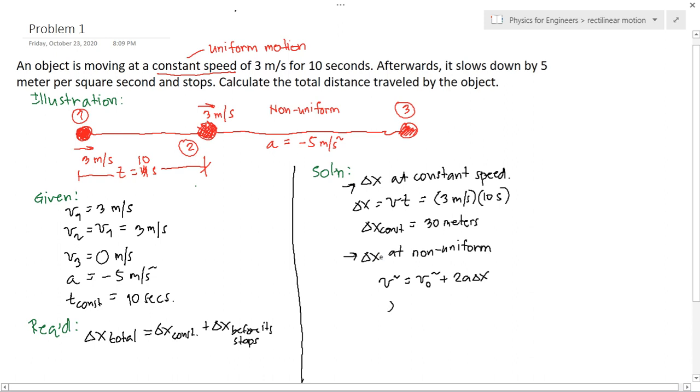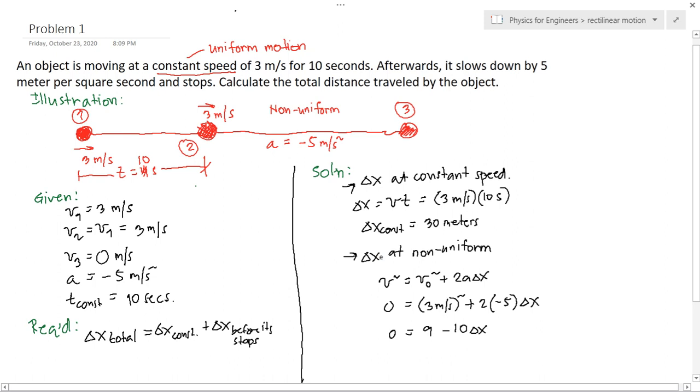For the final, we have 0 equals, for the initial, since v2 is equal to v1 at constant speed, so yung v0 natin is 3 meters per second squared plus 2 times, take note for a, negative 5, lagay mo negative 5, then delta x. So simplify, we have 0 equals 9 minus 5 times 2 equals 10 delta x.